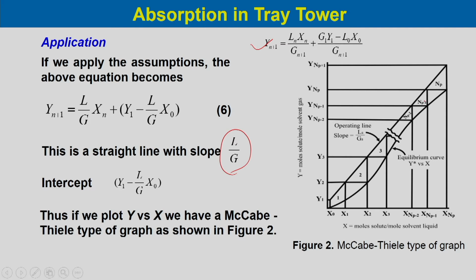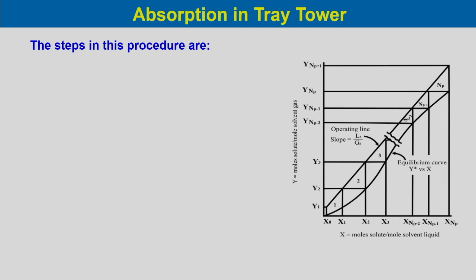Thus, if we plot y versus x, we have a McCabe-Thiele type of graph as shown in the figure over here. So, we have the equilibrium curve, and this is either Ls by Gs, or essentially we can call it L by G. With this slope we have the operating line, and then to find the number of plates we need to follow certain steps.